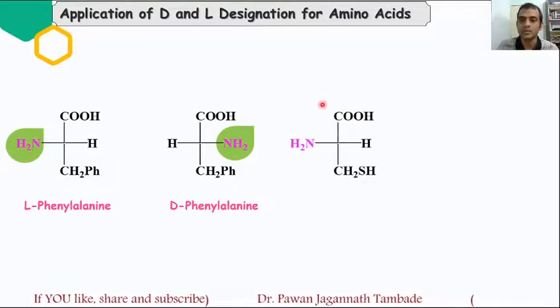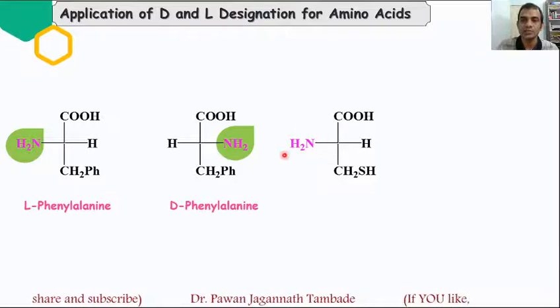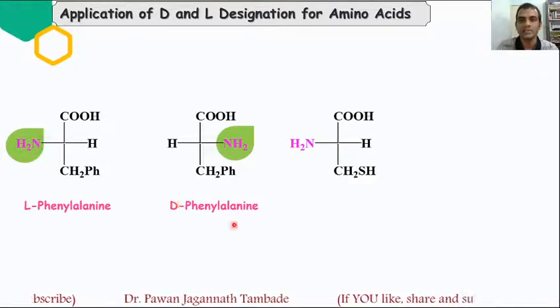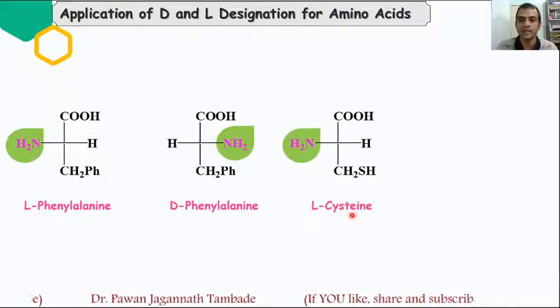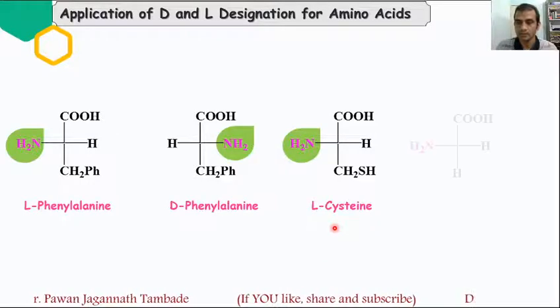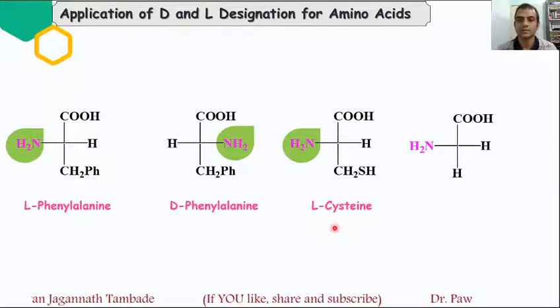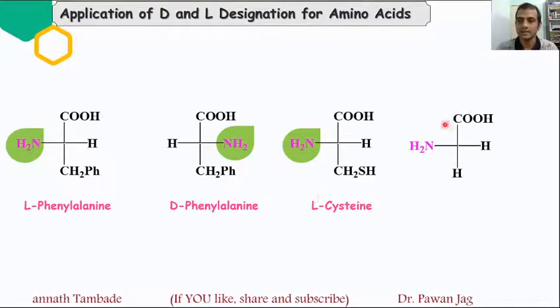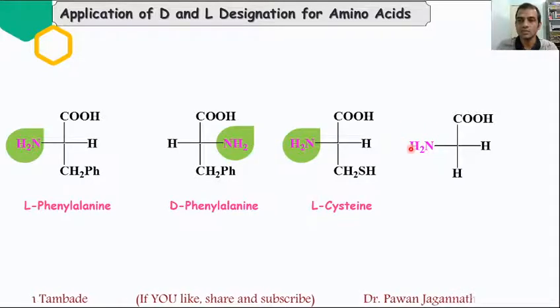Look at this structure of cysteine. In this case of cysteine, the NH2 group is present on the left hand side, and because of that, this molecule is named L-cysteine. Now look at this structure of glycine. In this case, the NH2 seems to be on the left hand side.